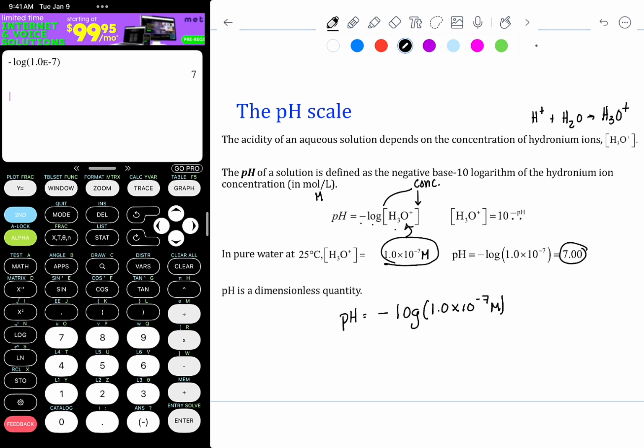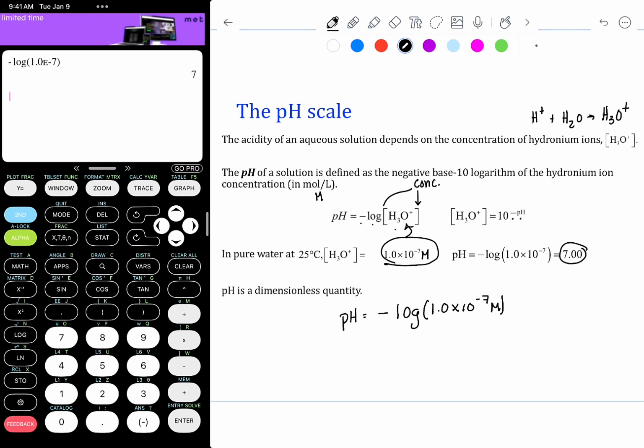If you do not know how to do it on your calculator, you can either, one, send me an email and show me what calculator you have, and I will tell you how to do it because I've seen it on all calculators. Or go to good old YouTube, search the type of calculator you have, and type in how to do a log function, and I guarantee someone has a YouTube video about it. So please know how to use this on your own calculator.